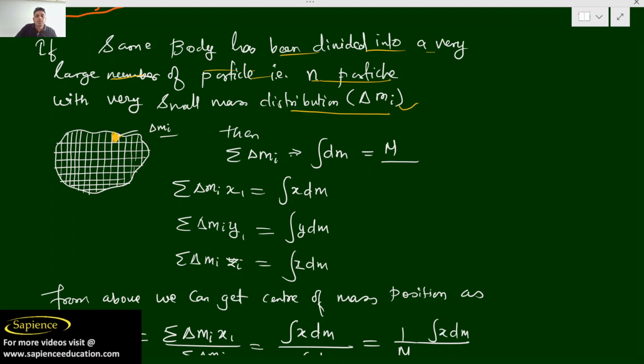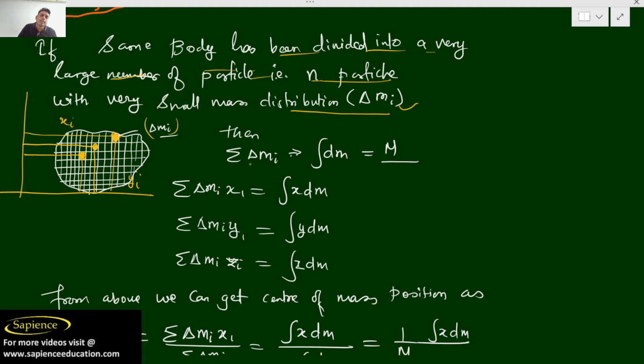Okay, I have taken a mass, and you will get the position of every particle. See, this is your x-axis, xi, and this is your y-axis, that is yi. If you want to find the position of this particle, you can find the position of this particle.